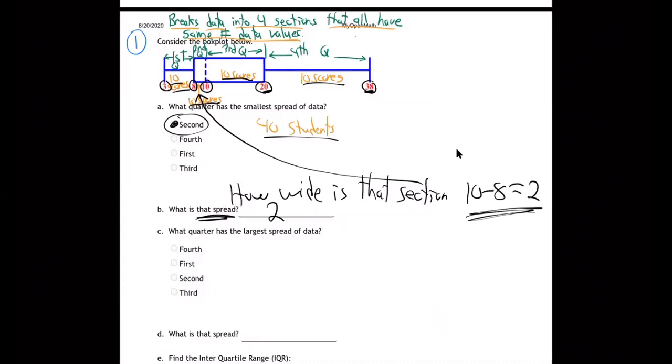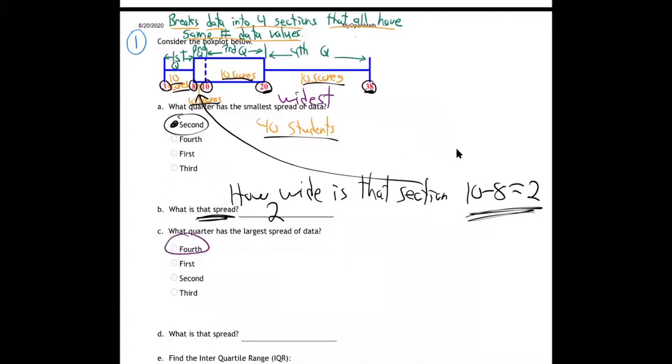And then question C, what quarter has the largest spread? Fourth quarter, exactly, right? This one here is the widest, isn't it?